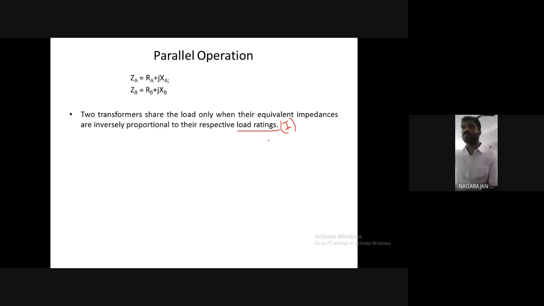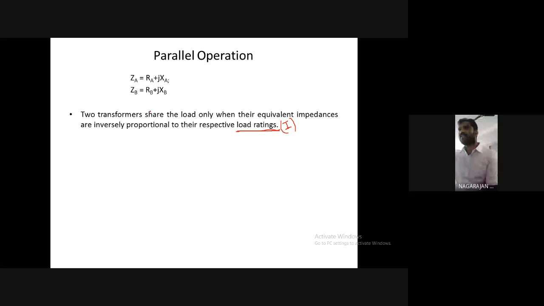You need to connect an ammeter in series and find the current value. That is what we do using testers: we plug the tester into the plug hole, and if it glows, there is current passing. In the same way, for machines we use ammeters. If the ammeter shows a reading, then load is connected; if not, no load is connected. The load value can be identified based on the current.